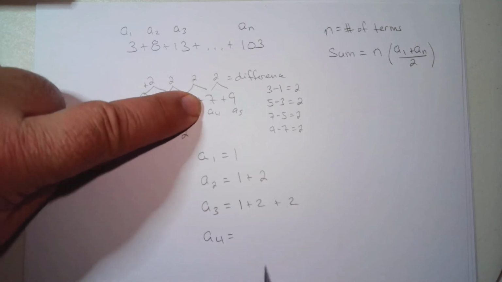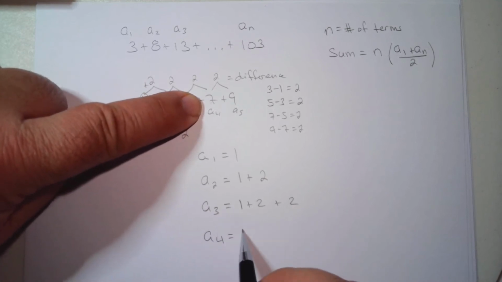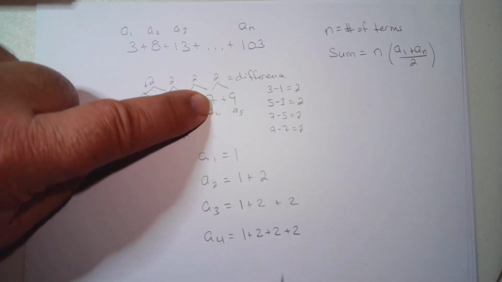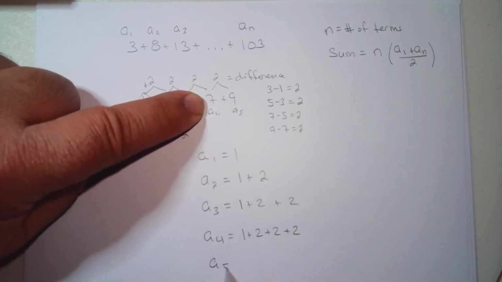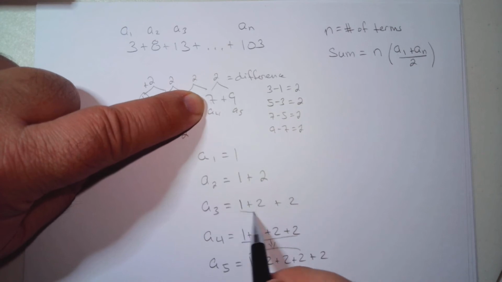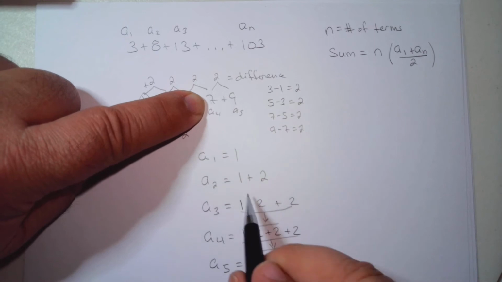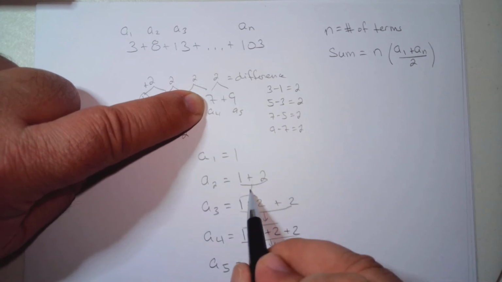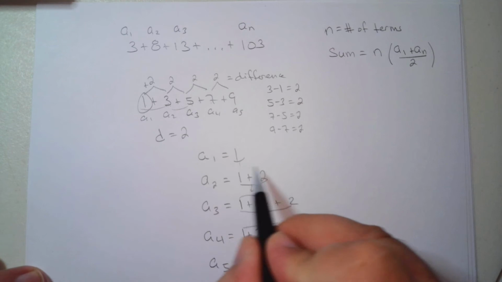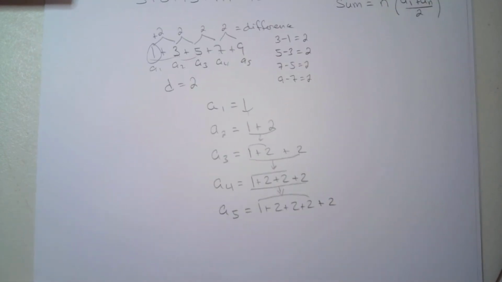If we go to our fourth number, we go to the one before, which is 1 plus 2 plus 2, and add 2 more, we get 7. So take the previous one and add 2. Take the previous one and add 2. Take the previous one, add 2. So it builds up from there. We see a pattern.